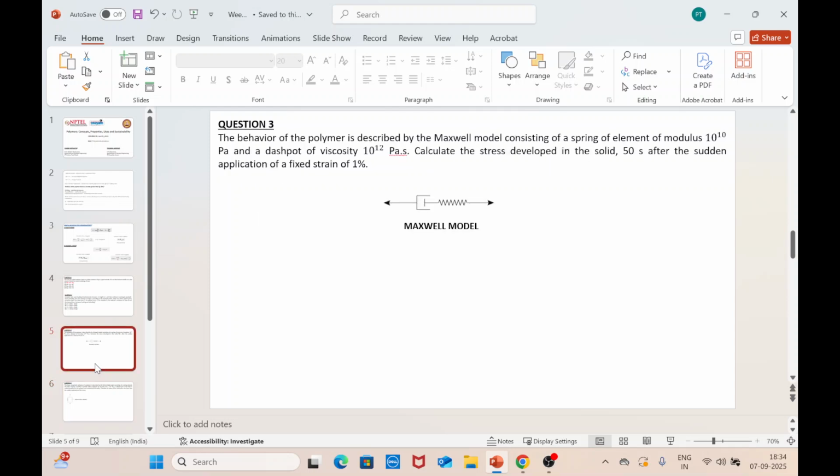Now how do you calculate the stress that is developed in the solid? You're given the elastic modulus, the viscosity, and then the strain percentage as well as the time after which you have to calculate the stress that gets developed.